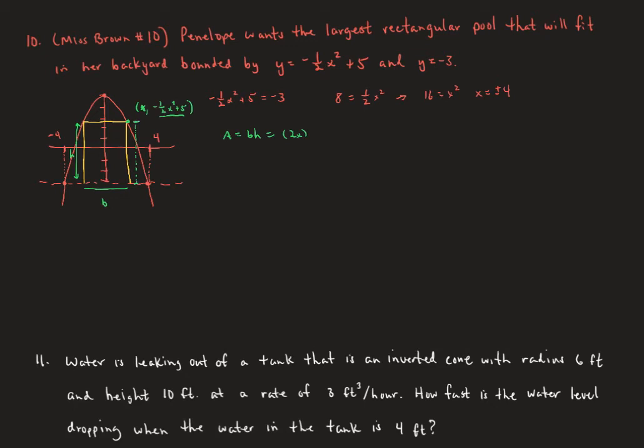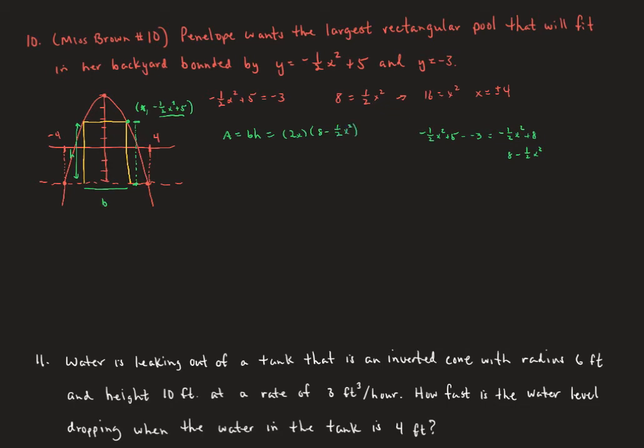So if we take the top point minus the bottom point, that is our negative 1/2 x squared plus 5 minus that -3, that's going to be negative 1/2 x squared plus 8, or I'm going to write that as 8 minus 1/2 x squared. That is going to be our height, 8 minus 1/2 x squared.